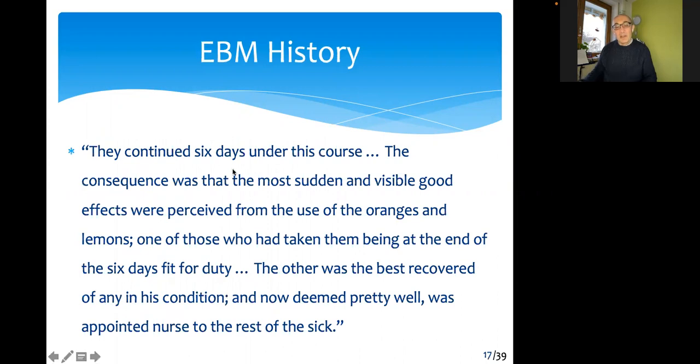Then they continued 6 days under this course, taking this new regimen, additional food. The consequence was that the most sudden and visible good effects were perceived from the use of oranges and lemons.